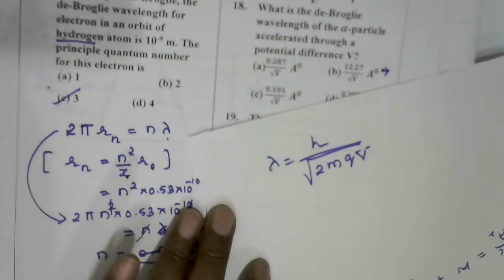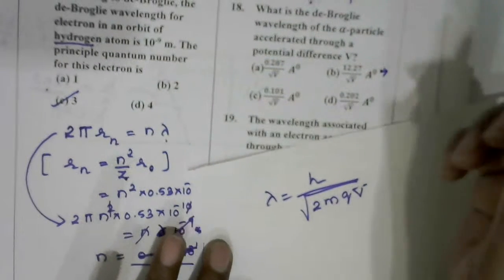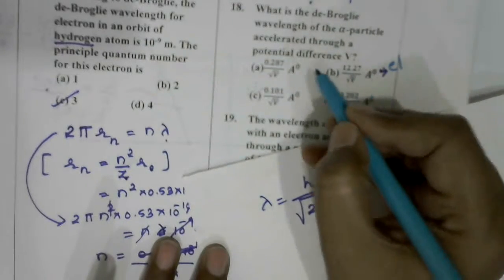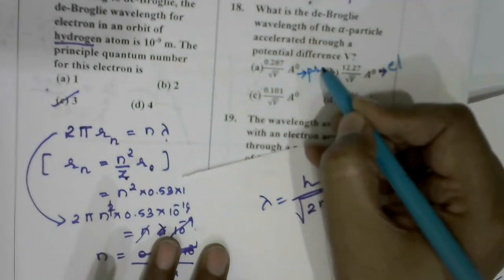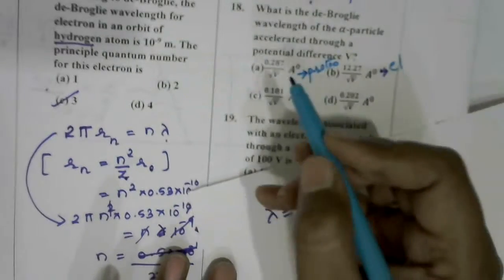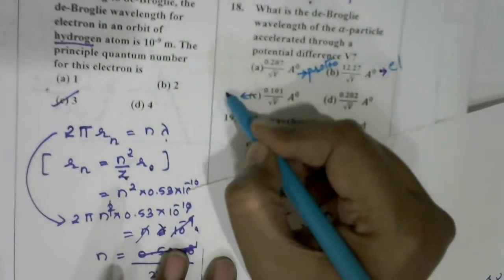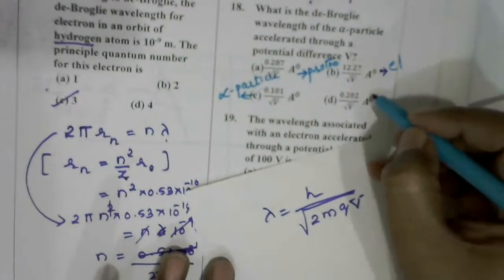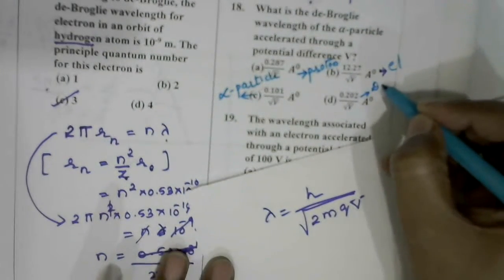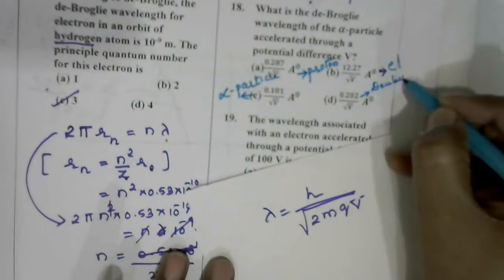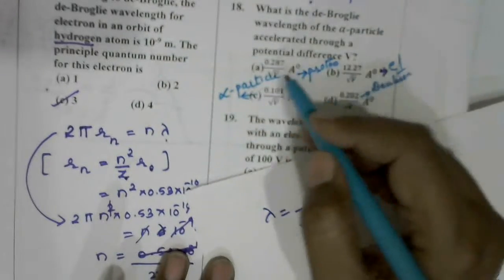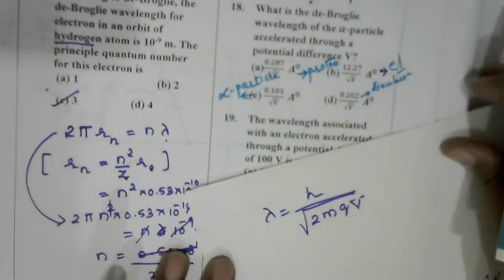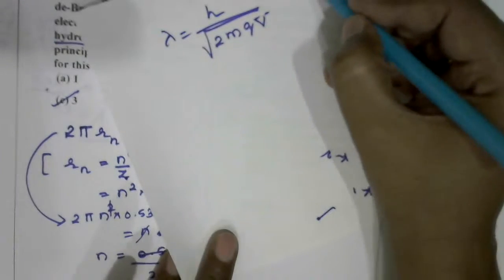This is for proton. Remember better. This is for your alpha particle. This is for deuteron. So better remember these four values. That is my advice.